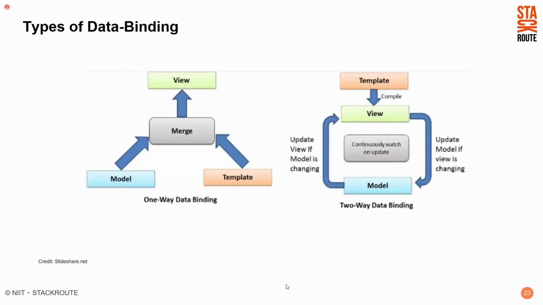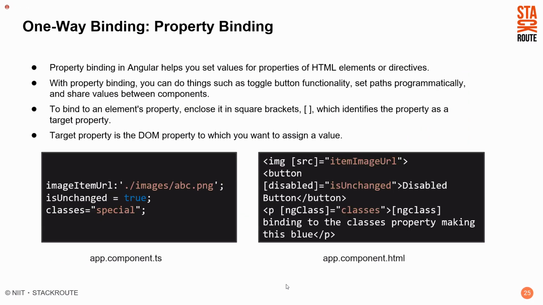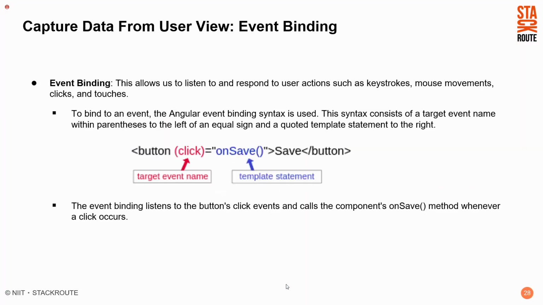So we have one-way binding and two-way binding. One-way binding through interpolation, property binding, and event handling. So your event is followed by the method it is going to bind. The event will be enclosed within parentheses, and it will call the onSave method.